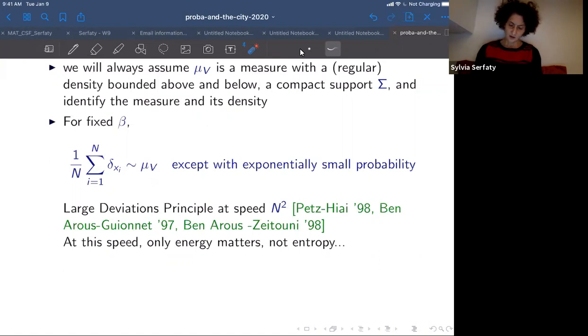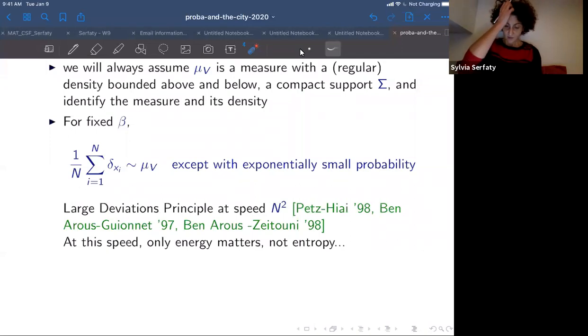In fact, that can be formulated as a large deviations principle. The speed here is n squared. And this has been proven in a series of works that are often for the logarithmic case, but in fact, the proof carries over in a much more general setup. You can do it for very general interactions.